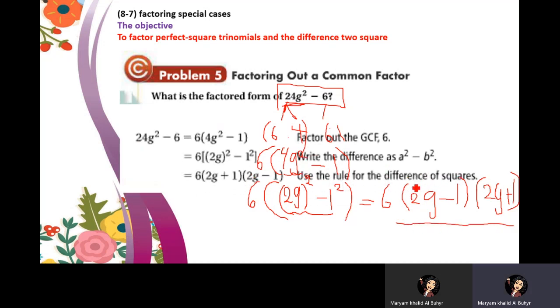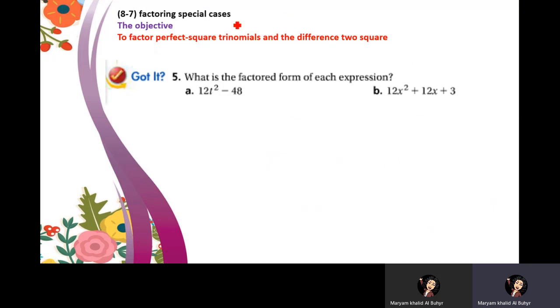Let me move to the next exercise. Here I have 12t squared minus 48. What is the common factor between them? I can tell you 12 itself is the common factor between them.